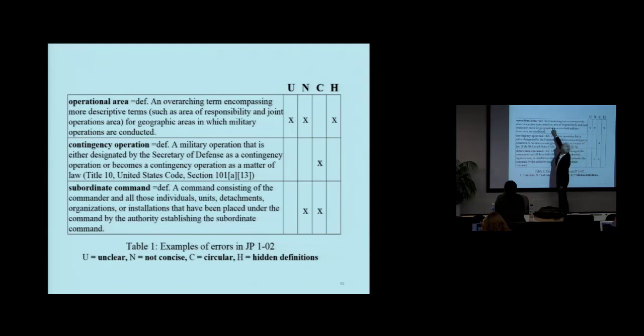So an operational area is not really a term. That's a mistake. And the circularity here: a contingency operation is a military operation that becomes a contingency operation. So that's a straightforward circularity. The circularity here is flowing from the fact that, again, we're using subordinate command to define subordinate command.